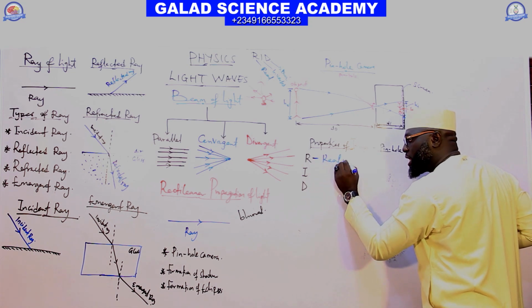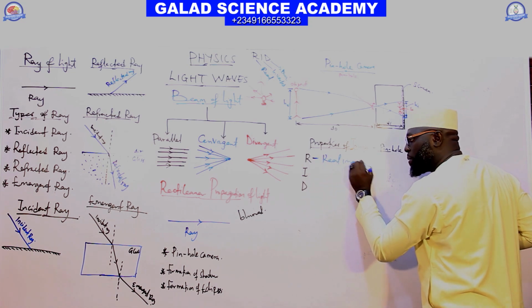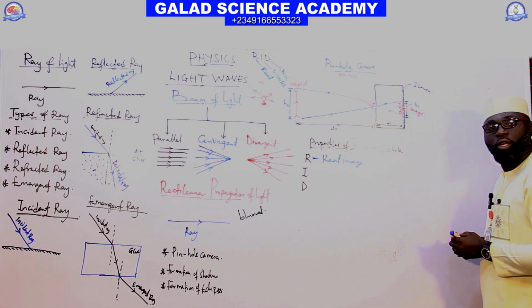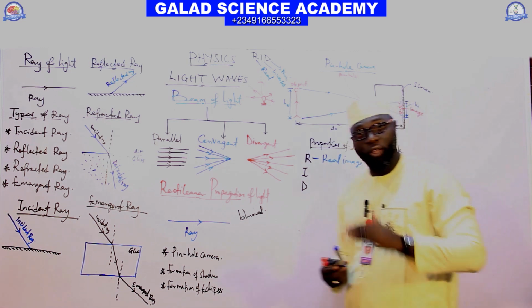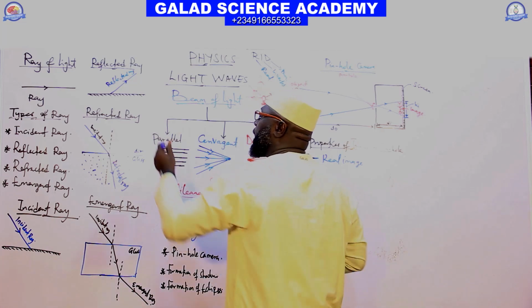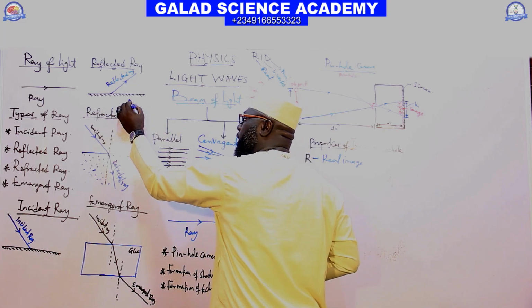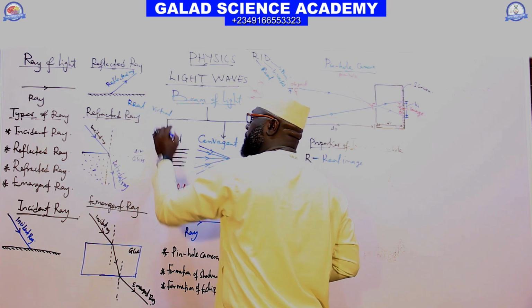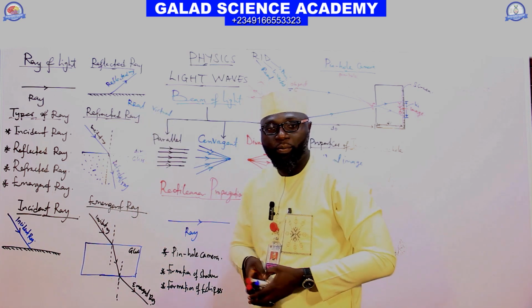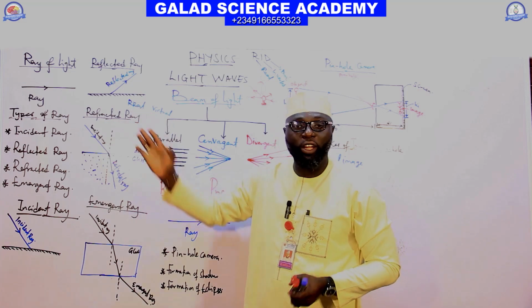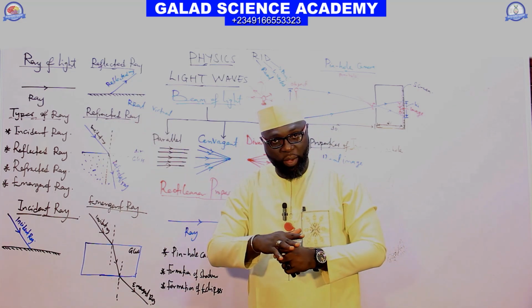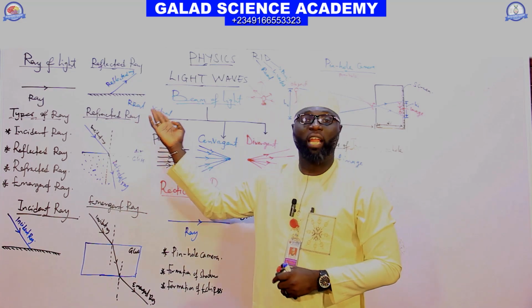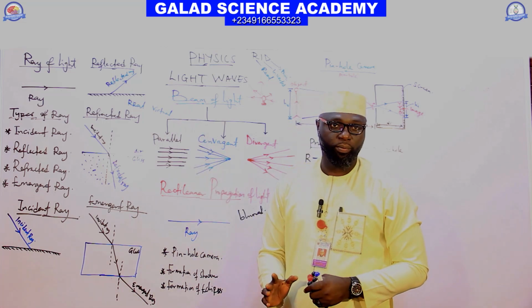There are two types of image. When we get to the reflection of light, I will explain it further. We have real image and we have virtual image. What is real image? Any image that is formed on the screen is a real image. But the virtual image cannot be formed on the screen.